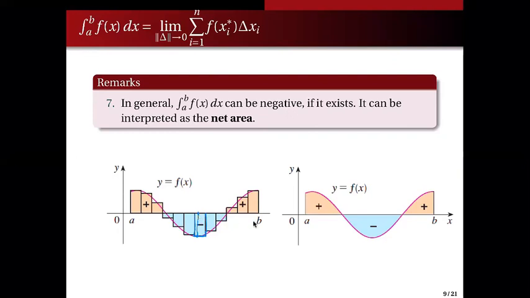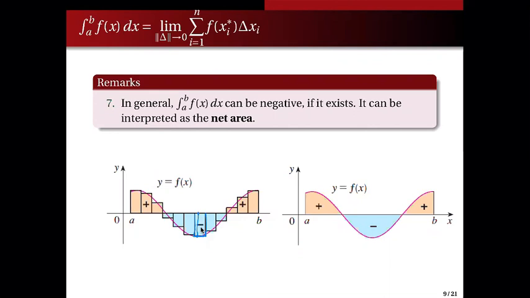The area of a rectangle is a positive number. But since this guy here is below the x-axis, the area will be quote-unquote negative. That's your net area.